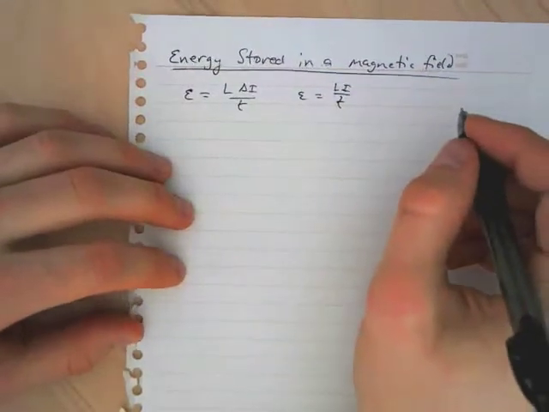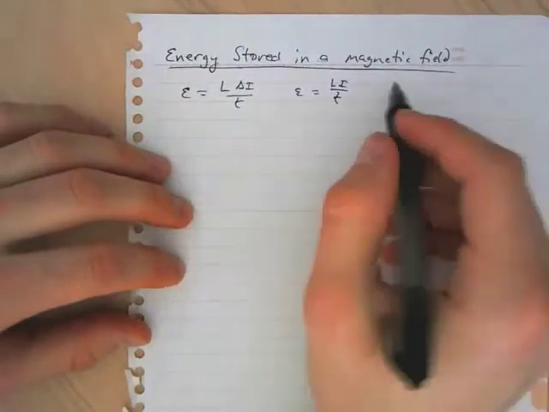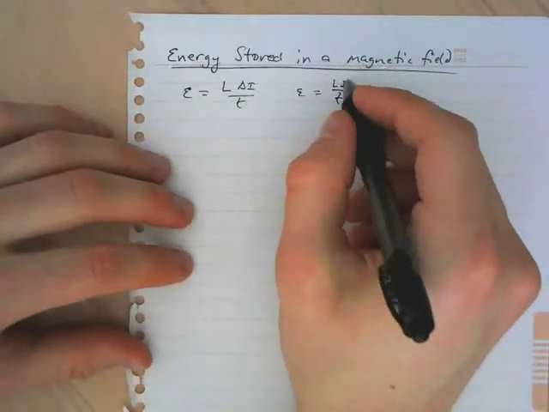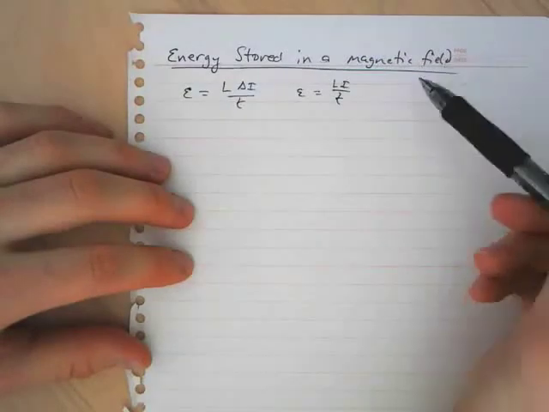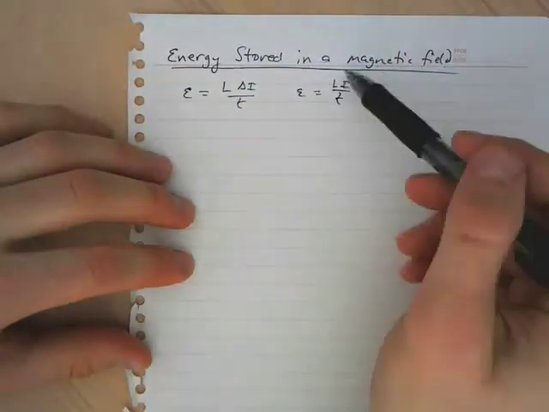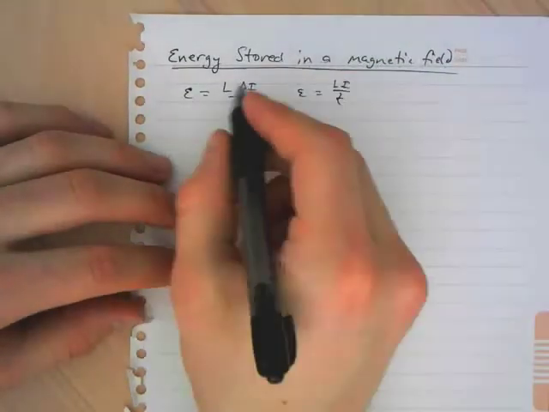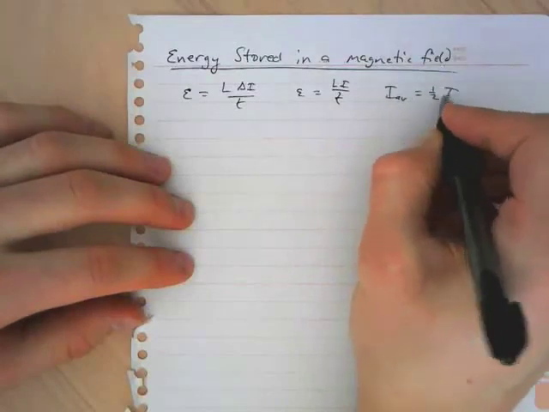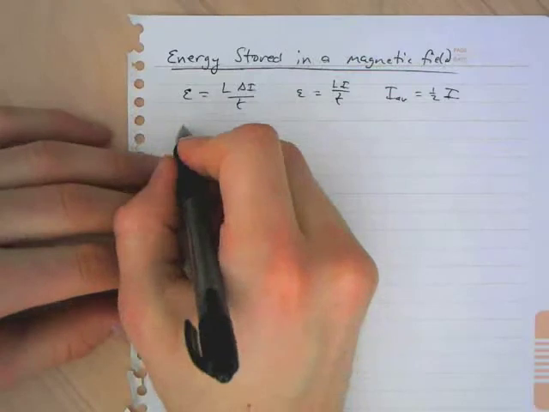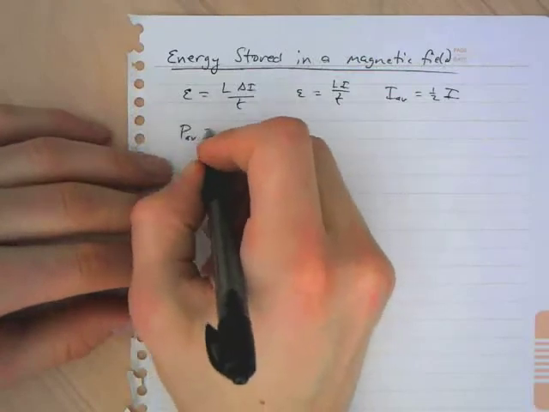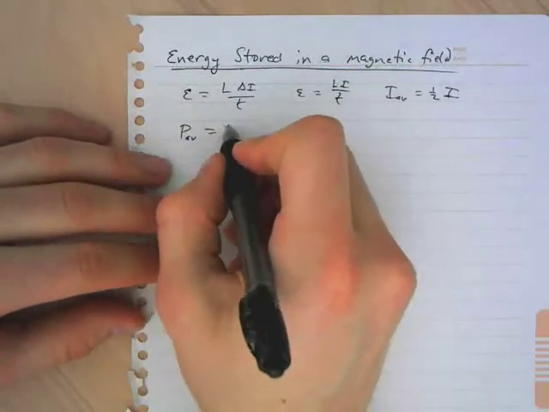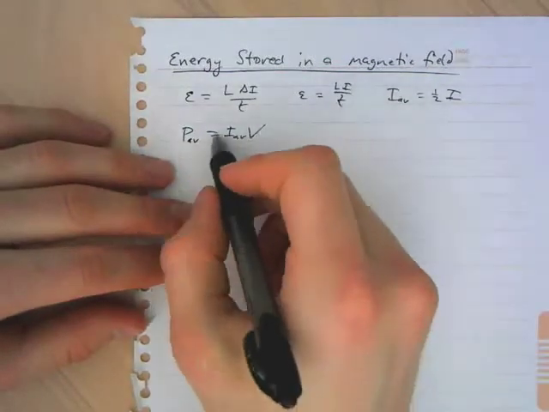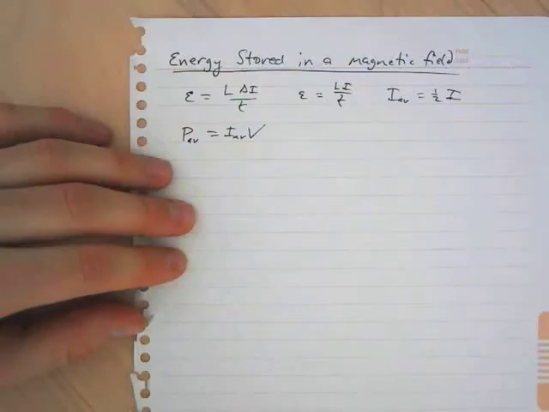All right, and so the average current is going to be half this value because the current's building up from 0 to this I value of the current. So our average is just going to be half that current. So that means that the average power of the circuit, and power we know is IV. Well, the voltage is always the same, and the V is just the EMF of the battery.